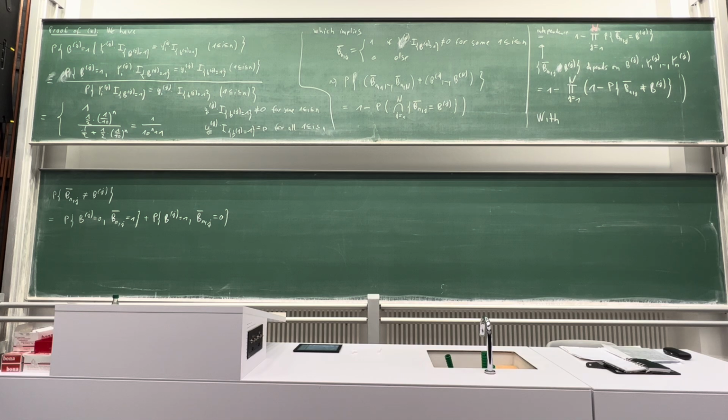If Bj is 0, then there's no possibility that B and J bar can be 1, because if Bj is 0, then you see in the definition this Yij times the indicator that Bj is 1 can never be not equal to 0. So B and J bar is 0. So the first probability is simply 0. That's fine.